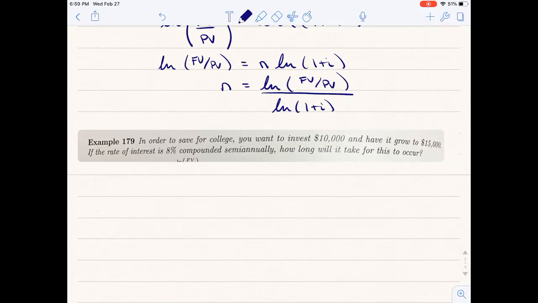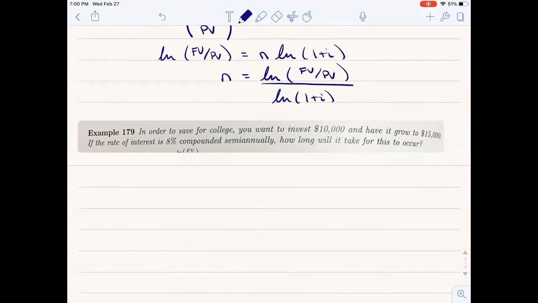Same idea here. Here, we're asking, okay, in order to save for college, you want to invest $10,000 and have it grow to $15,000. Fair enough. If the rate of interest is 8% compounded semi-annually, how long will it take for this to occur? So we want to know what's t, so solve for t, right? But with compound interest problems, we can't just solve for t because there's no t in the formula. So we have to solve for n, and then we can solve for t.